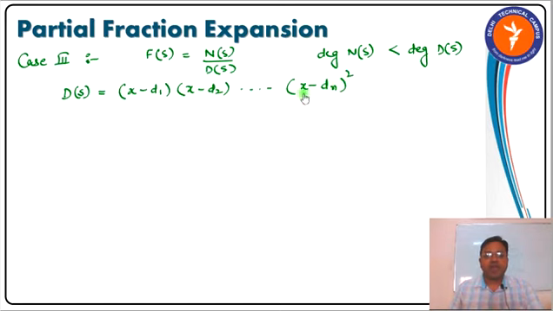That is, we have a factor which has a certain multiplicity; the order of this factor is 2.